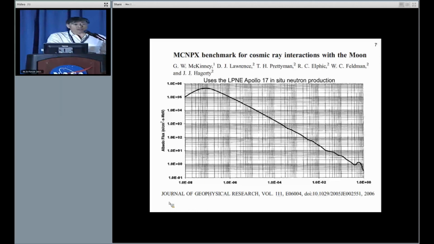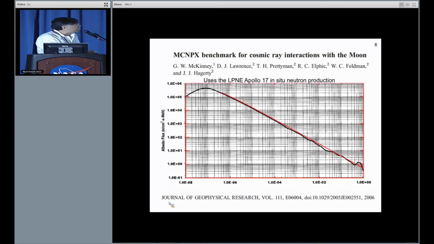Because this is the Apollo 17 site, a low-latitude dry regolith, it acts as a very good benchmark. When you have hydrogen, the flux varies strongly in the epithermal region, and that's why we are able to use the epithermal neutron flux as a surrogate for hydrogen, potentially water, in the regolith.